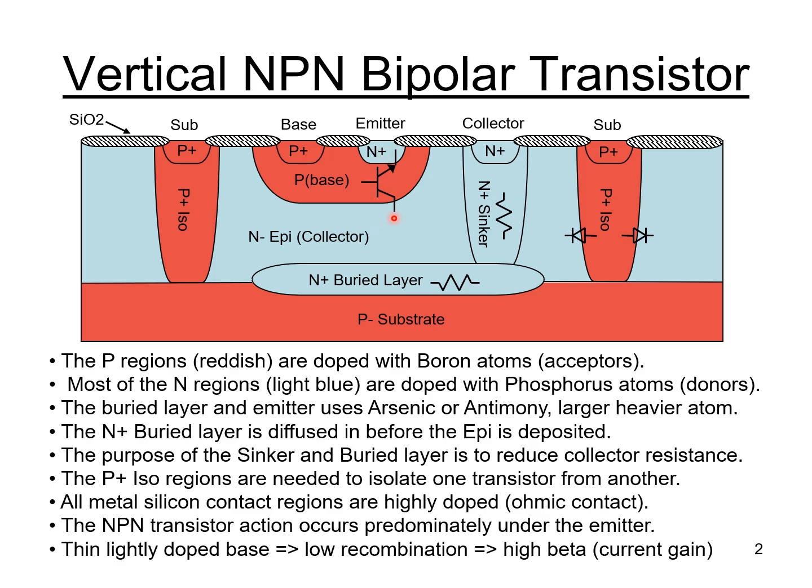In reality, even though I've drawn the base region as fairly large in the vertical direction, it would actually be very small or very narrow in the vertical direction. There wouldn't be much room between the N plus emitter and the N minus collector, just a very thin layer of base in there. And that base region is typically fairly lightly doped, not quite as light as the collector region, but fairly lightly doped, much lighter than the emitter region.